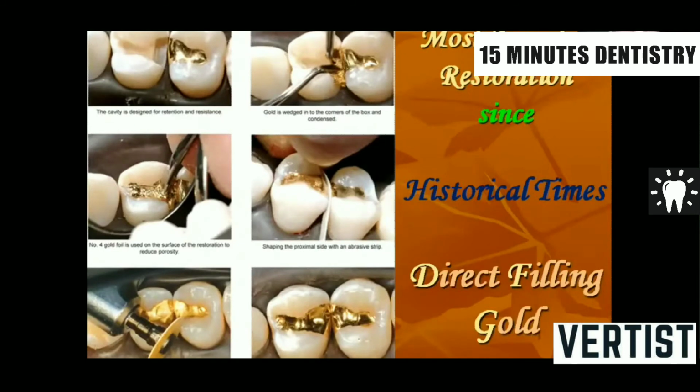Here is a case which I have taken from the internet about direct filling gold restorations. You must have read this chapter already. So, why gold? Gold is one of the most noble metals we have, rather, it is the most noble metal.